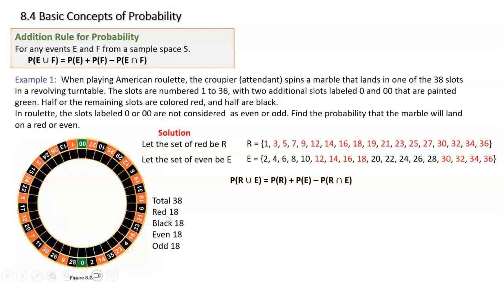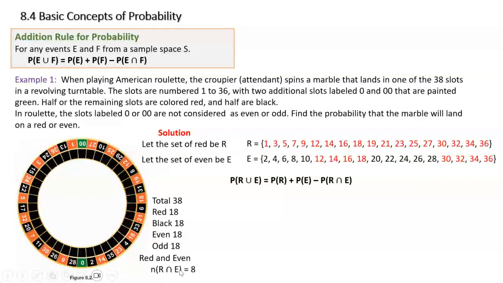So the total is 38. Again, if we count them, there's 18 red and 18 black, because there's 38 total, and two of them are not considered even or odd. So these are the ones that have the 0 and the 00. Those are not included here. That's why it's going to be 18 red and 18 black and 18 even and 18 odd. So from the red, there's going to be 18.